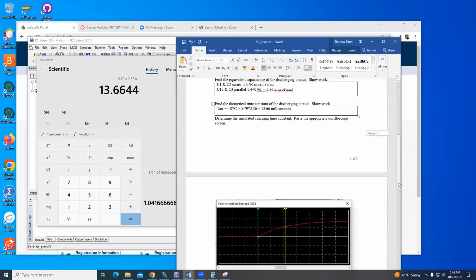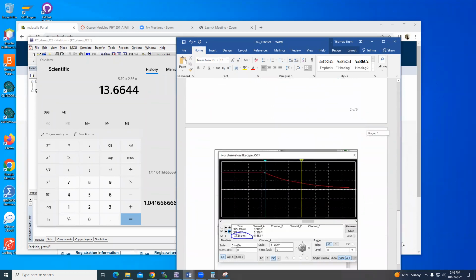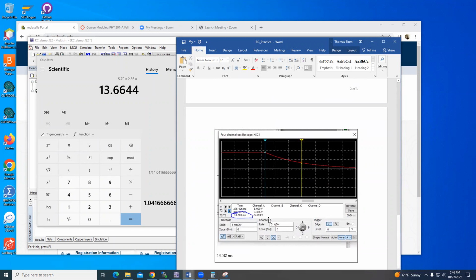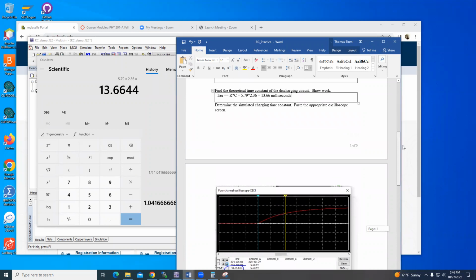Compare that to the discharge, 13.58. So pretty good comparison.